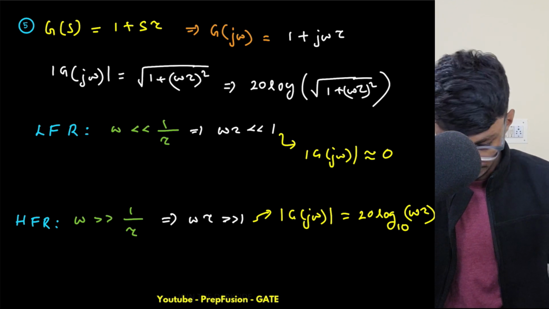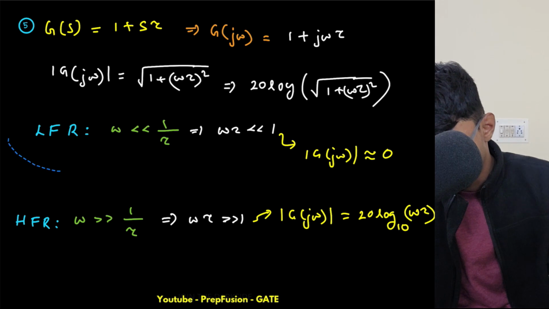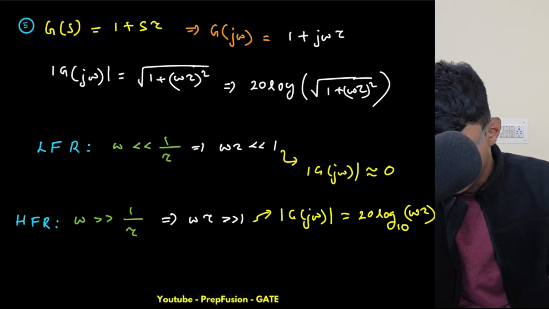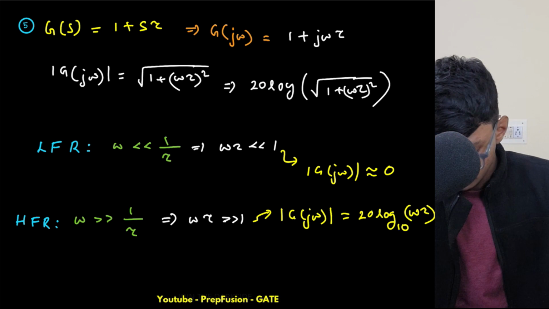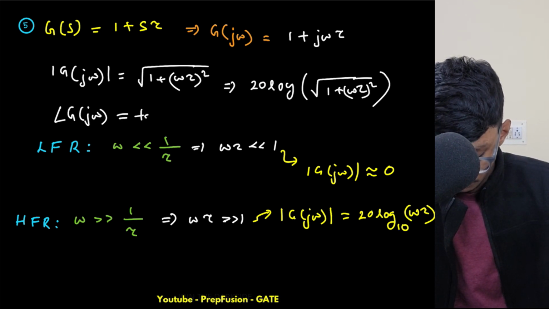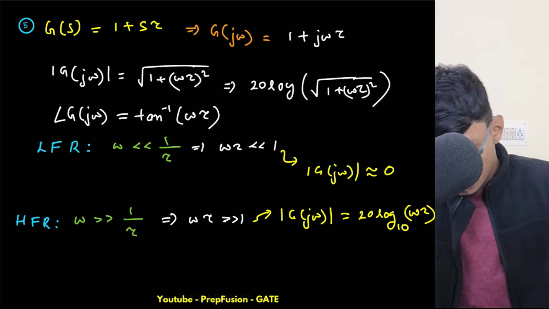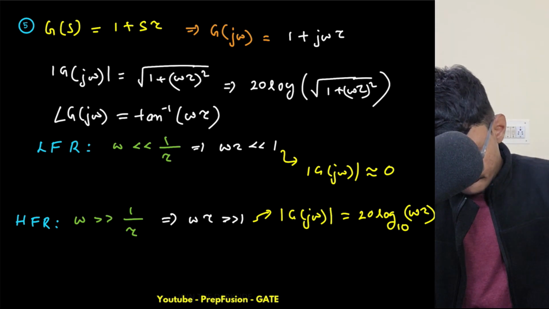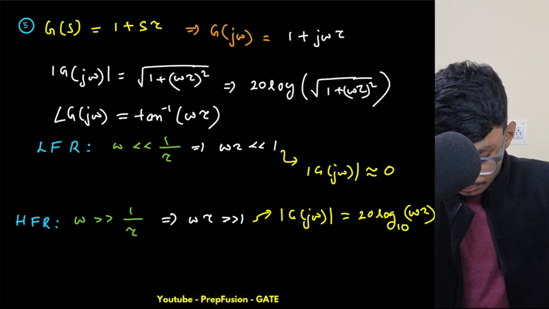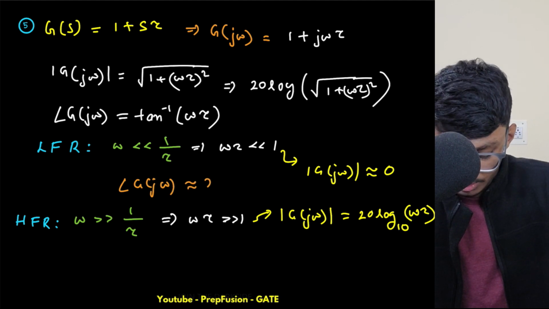And what about my phase angle? What happens to my phase? Let me write the phase expression. So the phase becomes plus tan inverse omega tau. When omega tau is much less than 1, the angle will almost be equal to 0.